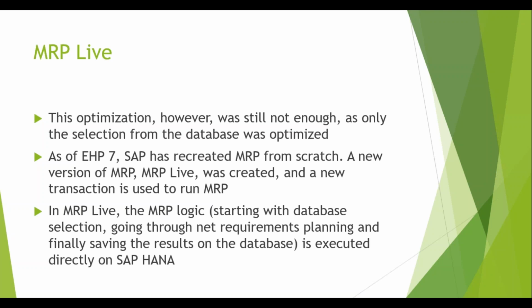But if you want to run MRP Live, there is a new transaction called MD01N. Ending with N is the new transaction. In MRP Live, the complete MRP logic, starting with the database selection, going through the net requirement planning, and finally saving the results on the database, is all done in a parallel way using the power of SAP HANA.